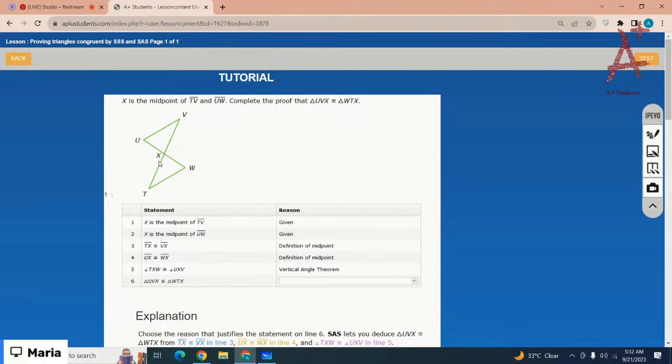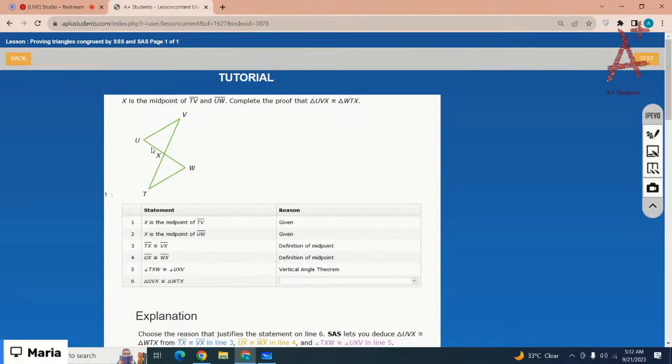So because X is the midpoint of TV, that is given. And also X is the midpoint of UW, that is also given, right? So you can see TX is congruent to VX and WX is congruent to WX because that is a midpoint, so they are congruent, right?